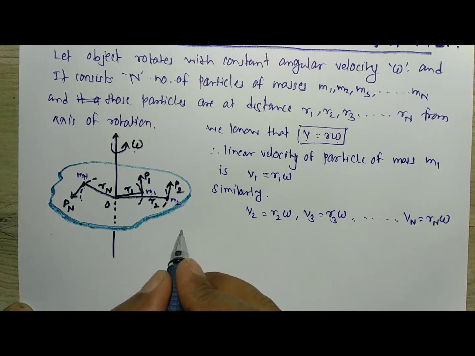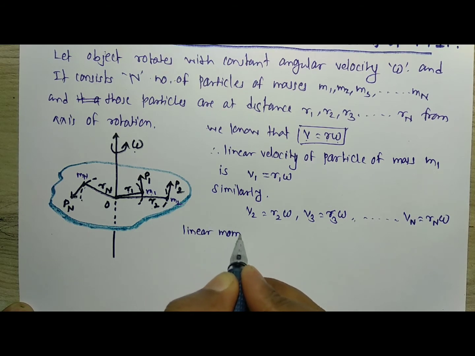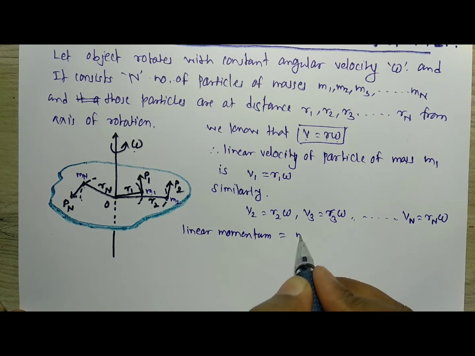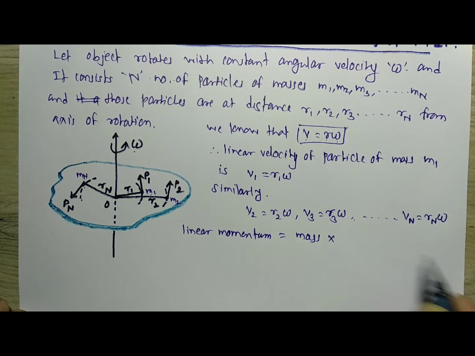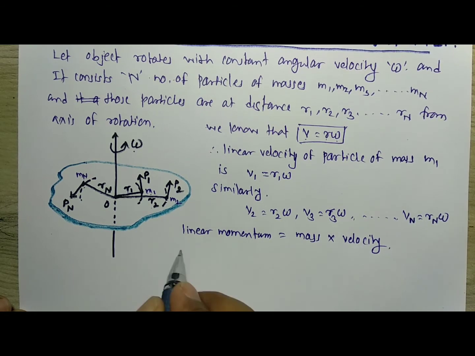Right now we know that linear momentum is equal to mass into velocity, and therefore you will get the linear momentum of the first particle.